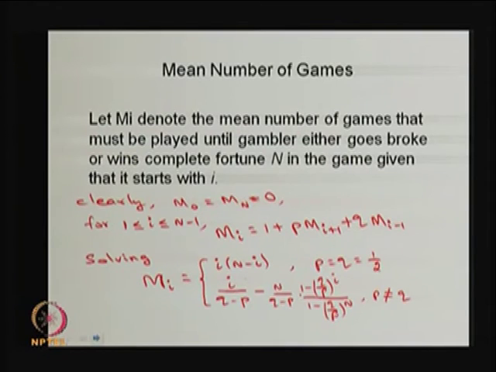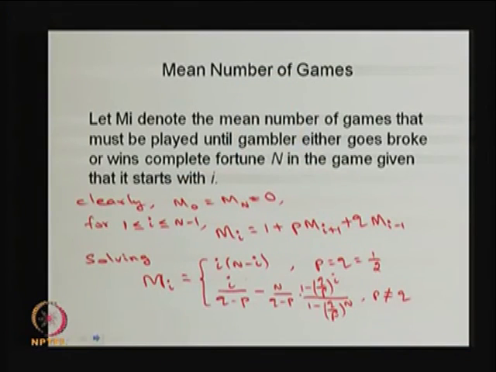The next interest is the mean number of games, because the objective is that he has to reach the capital N amount. The game is over either when he is completely ruined or when he gets the N amount.